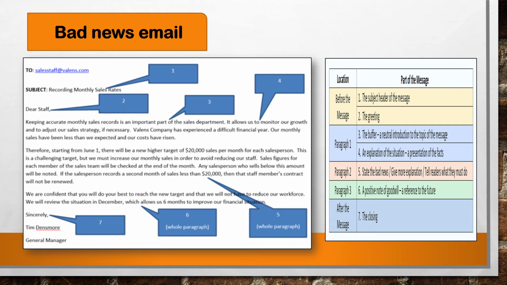What is the bad news message? What are the 3 things that the staff must do? Can you tell the positive note of goodwill and the reference to the future?